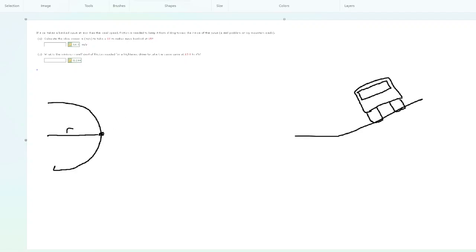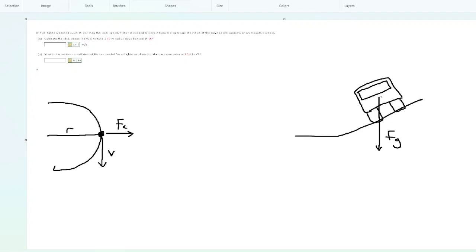This is going to be you right there, and you're going to be going at this velocity. You can see that you're going to have some centrifugal force, going this way. On the free body diagram, if we draw it, there is force of gravity going this way, and force centrifugal going this way.